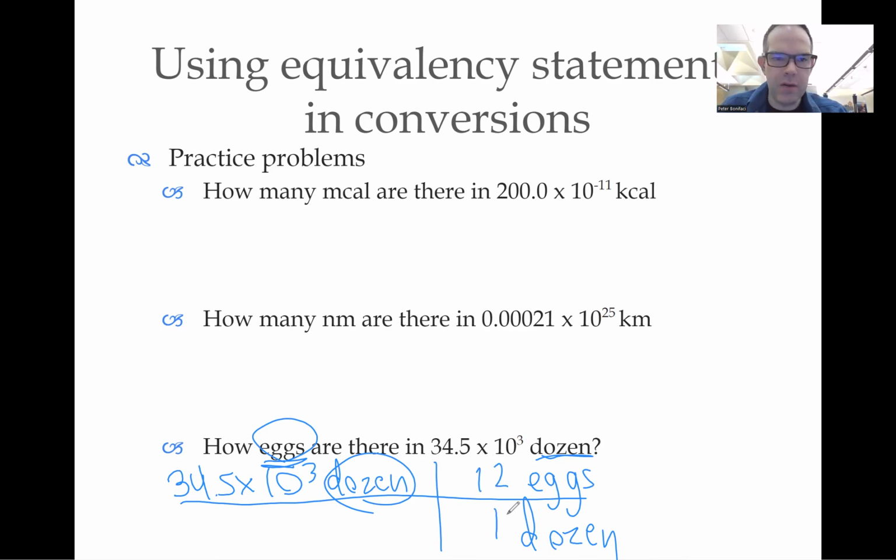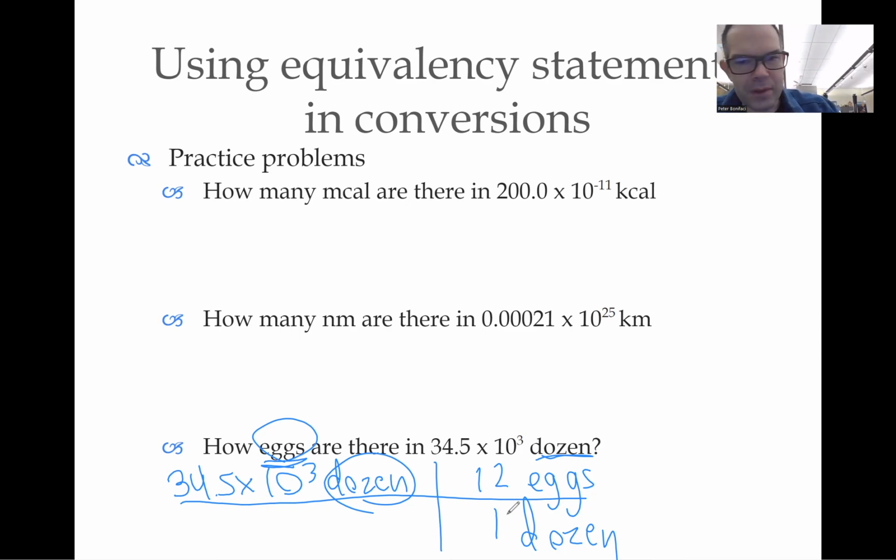So it's just a matter of picking up the calculator at this point, and you go 34.5 times 10 to the 3. No, I did that wrong. 10 to the 3. And then you have to multiply it times 12. Okay.